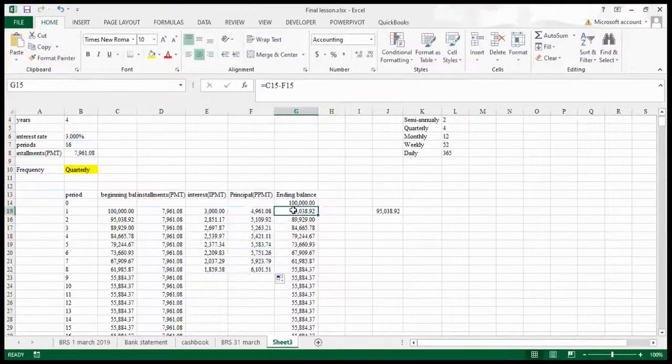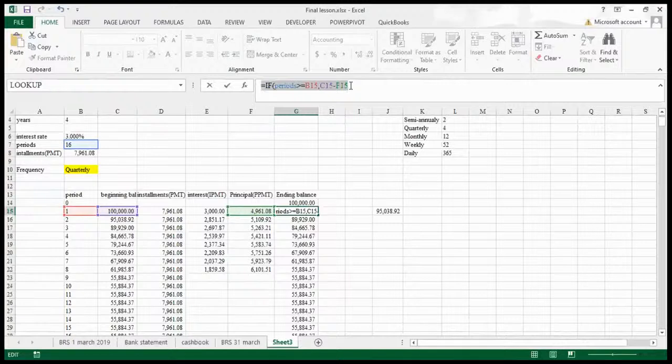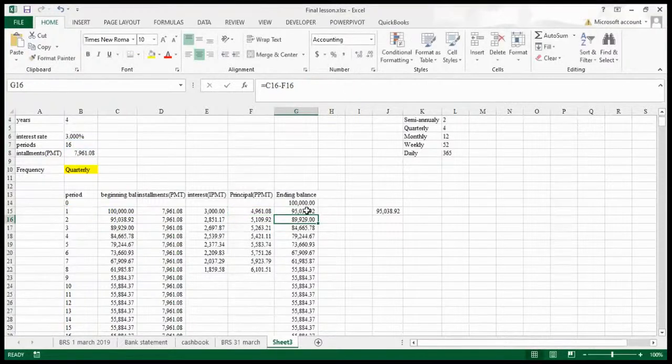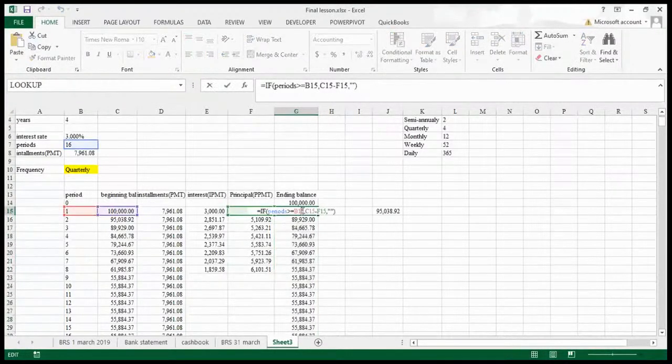And this last part here, immediately after equal sign, Control V. If not, comma, quotation, close your bracket, enter. If you do that, you'll be able to get the amounts indicated there.